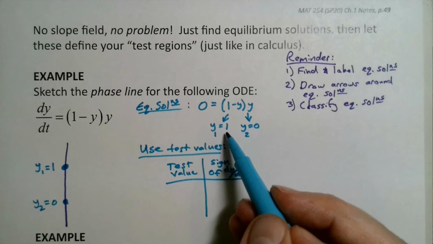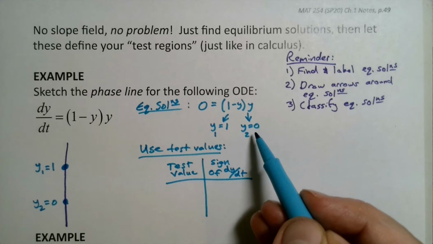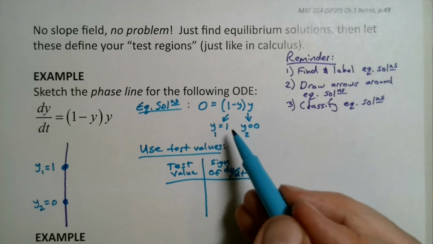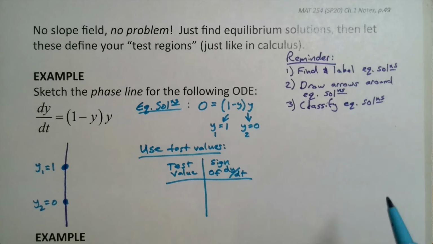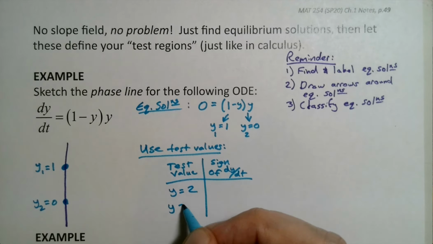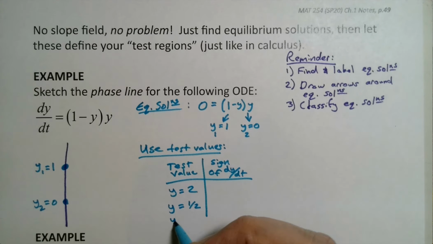If you keep in mind my two known equilibrium solutions are 0 and 1, I need something that's above 1, something that's between these two, and something that's below 0. So I'm going to go with something like y equals 2, y equals 1/2, and y equals, I don't know, -1.